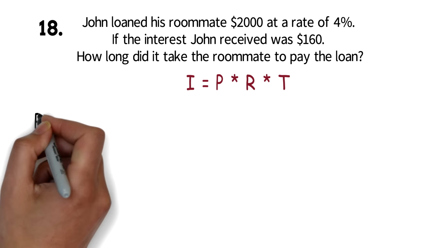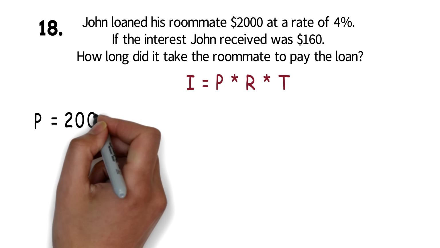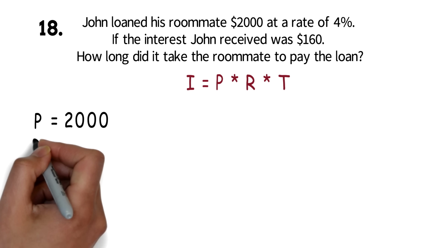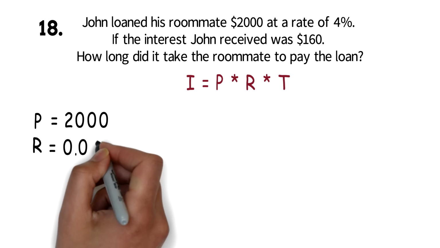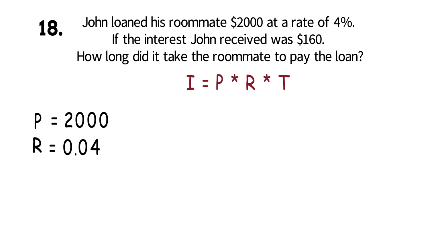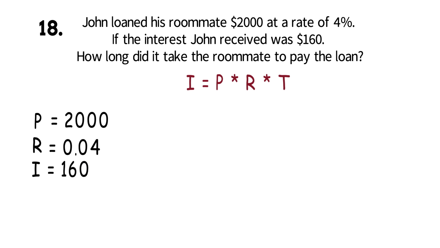Here, the principal, which is the amount the roommate took, is $2,000. The rate is 4%. We can convert it to decimal as 0.04. We just did 4 over 100. The interest John received was $160.